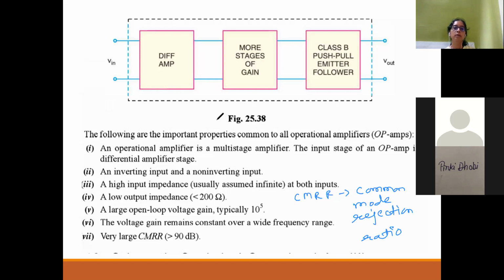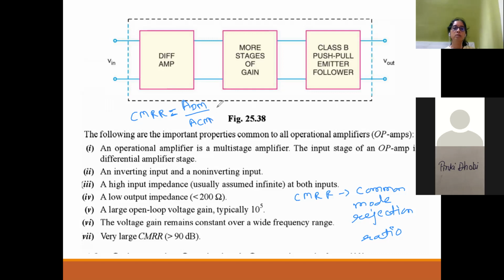Now, why is it a very large value? So CMRR is defined as differential mode gain divided by common mode gain. Now, what is differential mode gain and what is common mode gain?